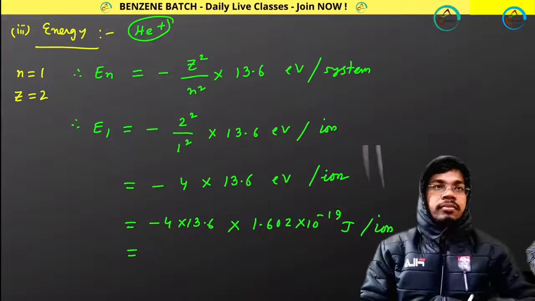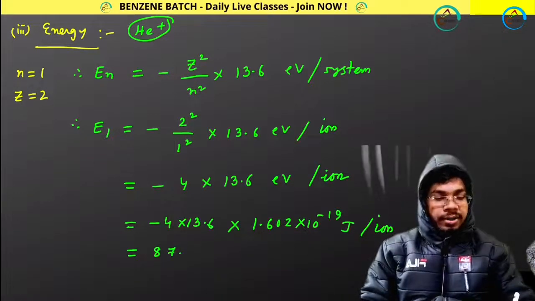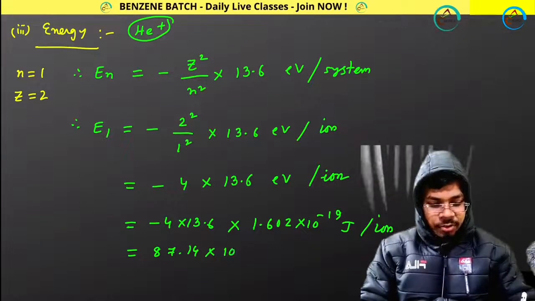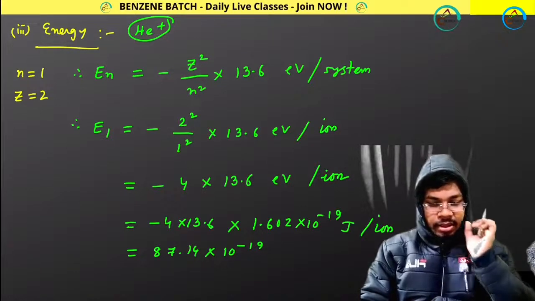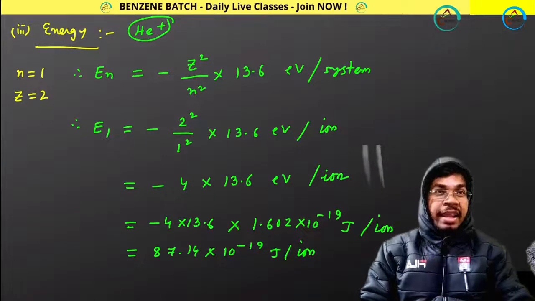I am getting the answer 87.14 into 10 to the power minus 19 joule per ion. Vikram, very good.